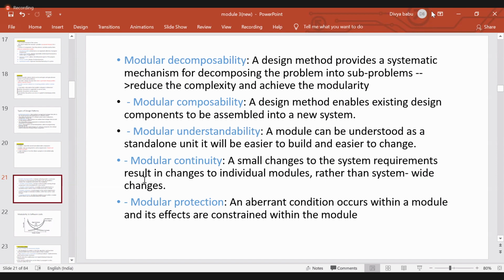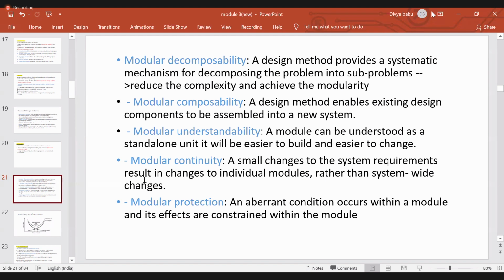So modular continuity is, instead of changing the whole system or all the programs, you change only the modules affected by the updated requirements. So you can work on that area. That is modular continuity.